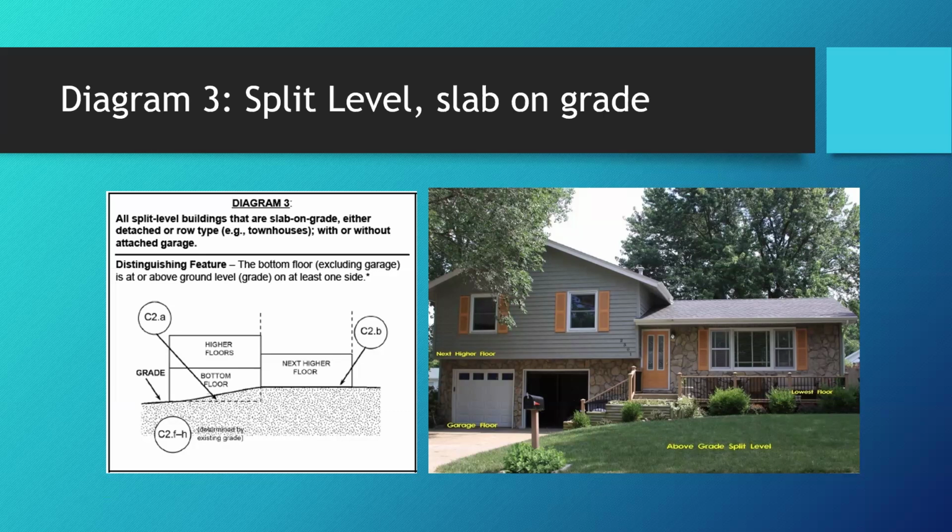It's just used for storage, parking, and building access. And if it's compliant in that way, we can count the next higher floor as the lowest floor. And so that floor is living space and the next higher floor is living space. So C2A, top of the bottom floor, would be that enclosure, if that makes sense. And then C2B is the next higher floor where the front door is.